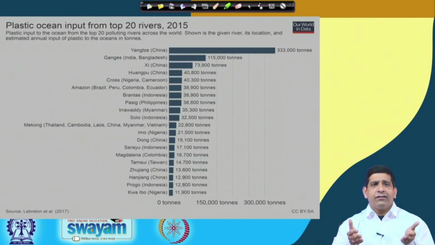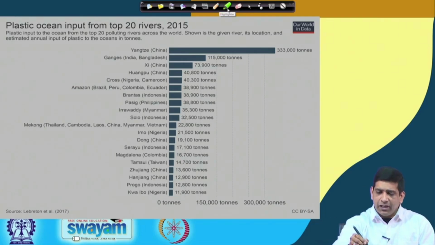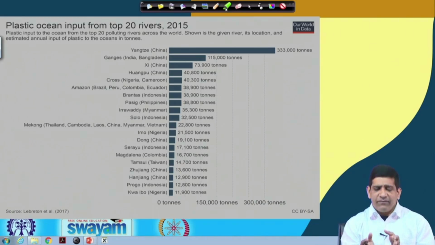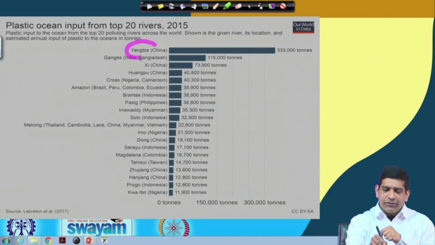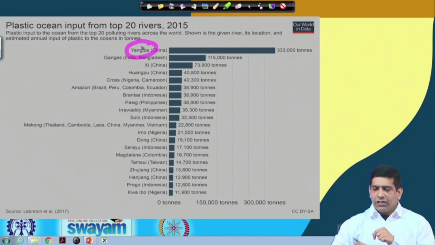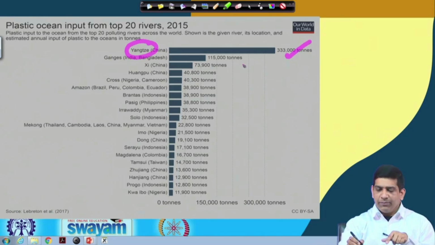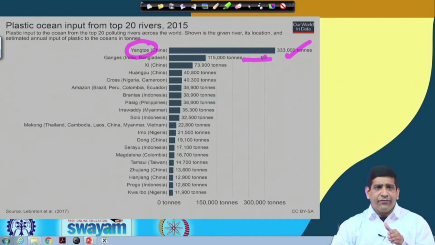And this also confirms what we just saw in the last slide of the previous video: the Yangtze River from China is the biggest source of plastic. Then the Ganges, which includes contribution from India as well as Bangladesh, is nearly half of what comes from the Yangtze. Then there is the Xi River, I'm assuming the pronunciation is correct; if I'm wrong, just let me know.